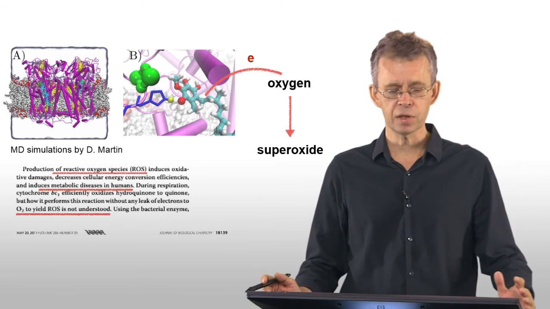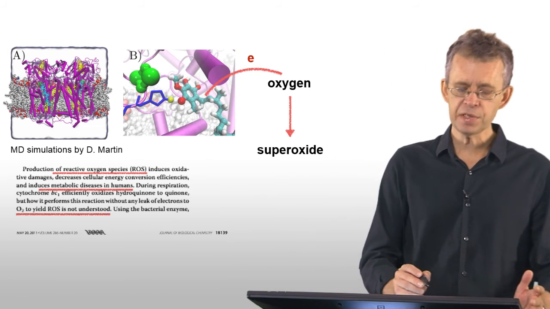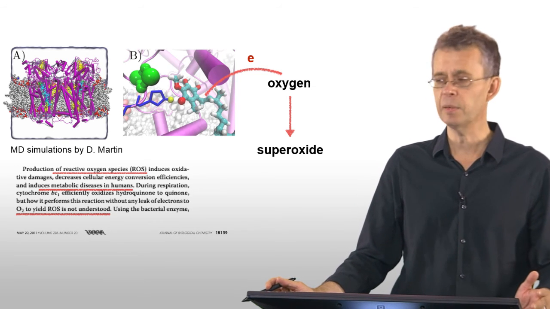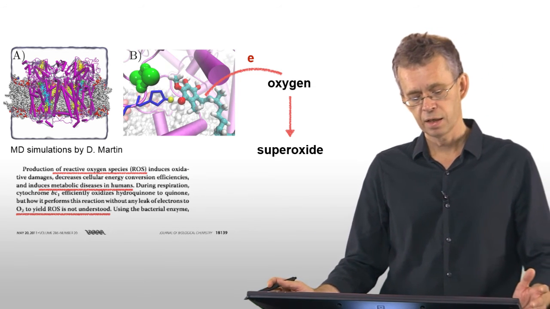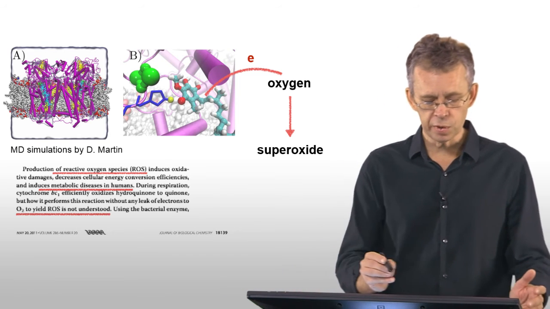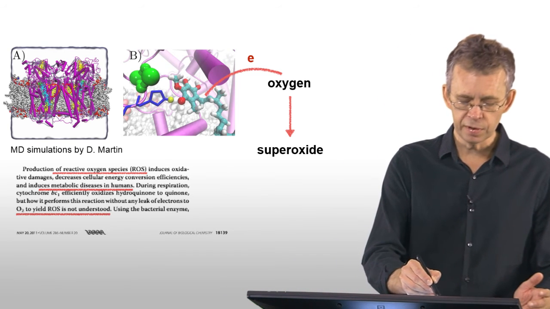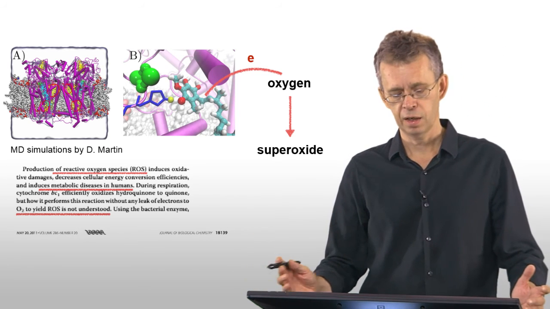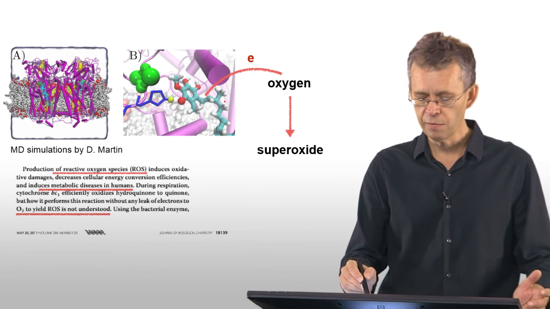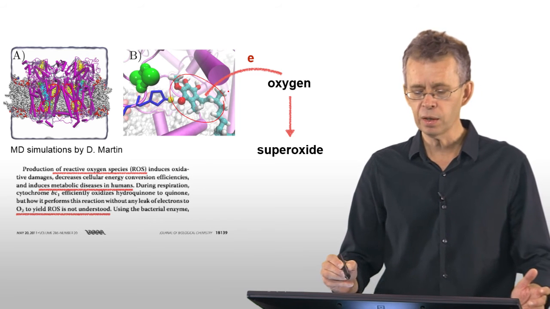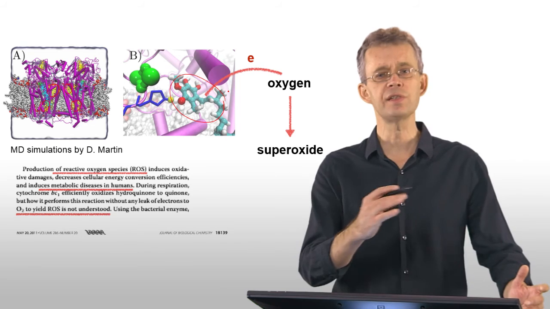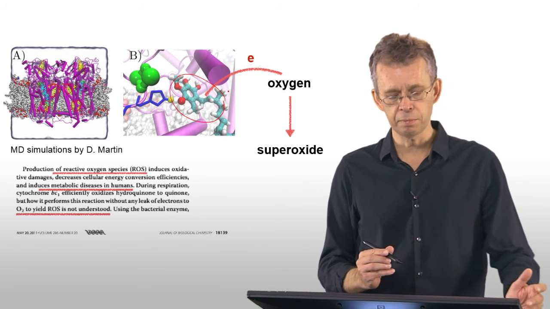As an example, I show you again the same BC1 complex of mitochondria in animals. This is a large system in which electrons move between those yellow cofactors, but those are just molecules. If you zoom in, this is one of those molecules, known as quinol, which is transferring electrons, but the electron does not necessarily go where it is supposed to go.